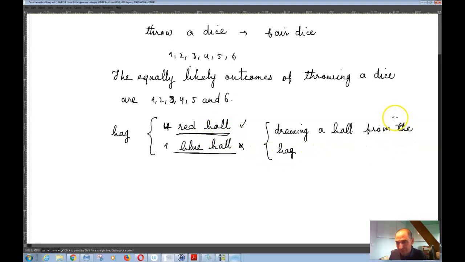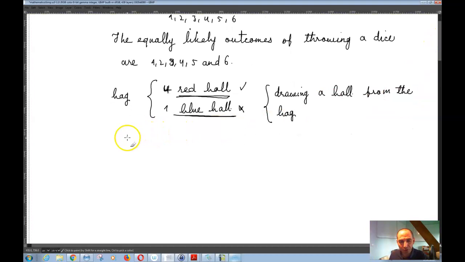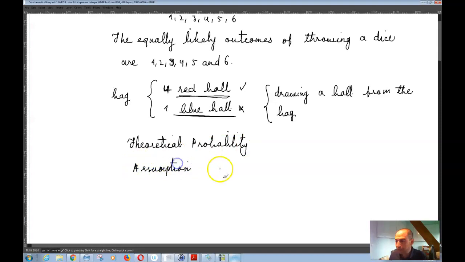So in order to be able to calculate theoretical probability, we had to make the assumption that all the experiments have equally likely outcomes.